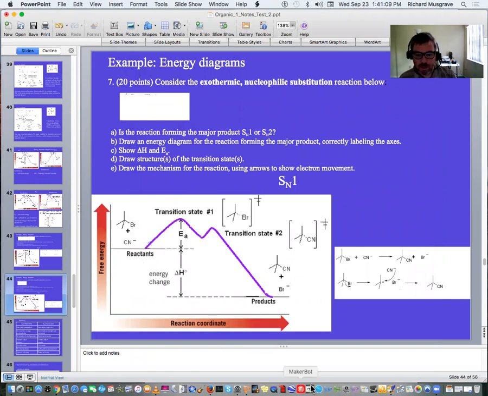So the first thing we know is that because it's tertiary, it's going SN1. And if it's SN1, and this particular one is exothermic, then the products have to be below the reactants, and it has to be a 2 hump where the first hump is much bigger than the second hump. So it really does have to look this way.